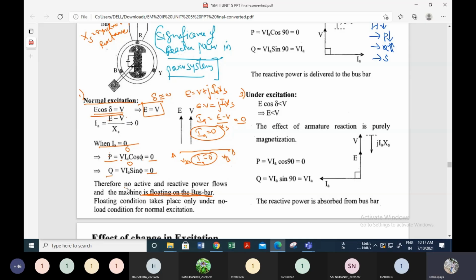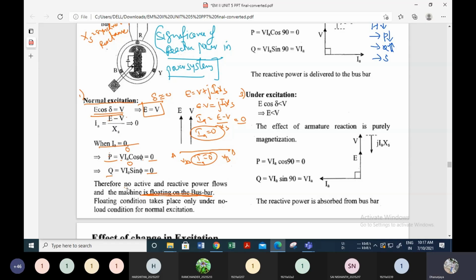Here in the overexcitation, it is demagnetization, the power factor is lagging power factor, and Q is positive.